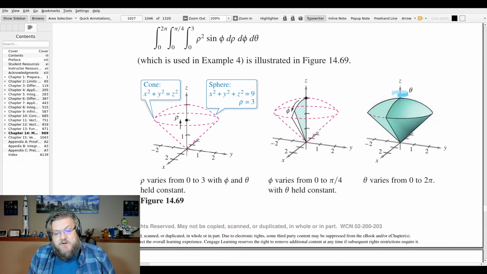And notice that if you were sitting down here at this point and you looked around, you would always have a straight line of sight from zero onto the sphere.